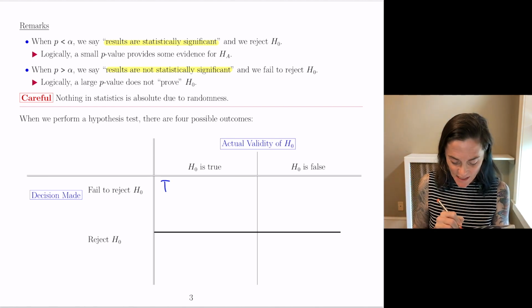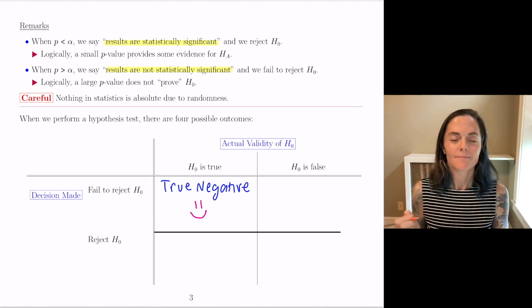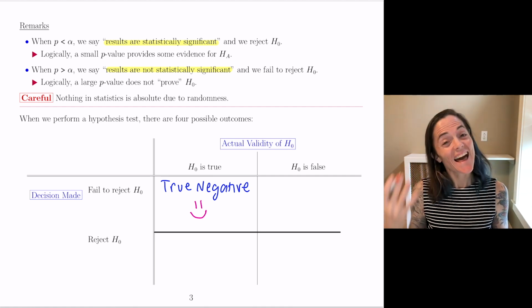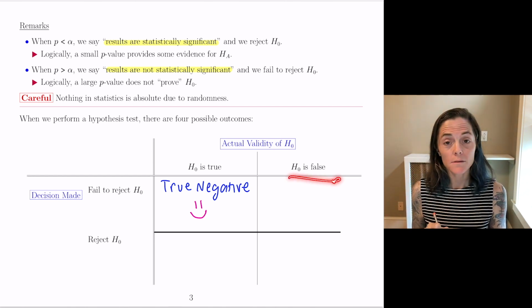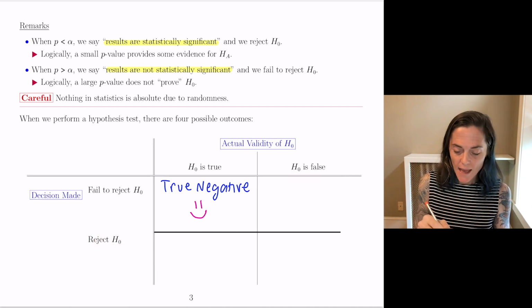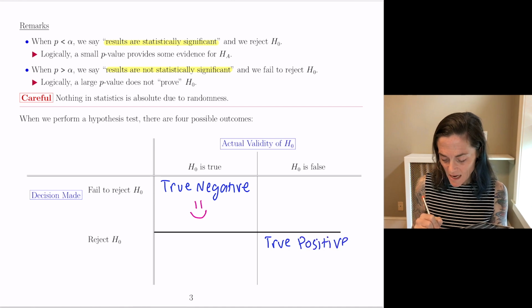This is a true negative. So we have made the right decision. On the other hand, let's go to the other case where we have made the right decision. Suppose H0 is false and we reject. Then you can think of this as a true positive. Once again, we have made the right decision.